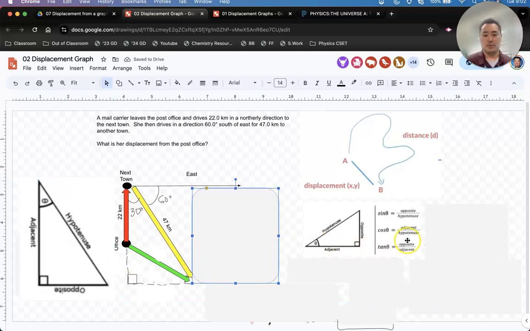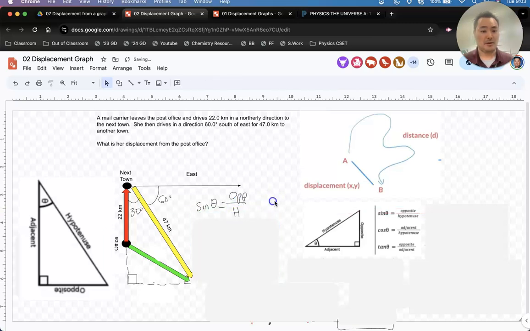So which of these three uses opposite and hypotenuse? Someone shout it out. Sin. It's actually pronounced sine. But you're right. It is spelled sin. So let's go ahead and use sine theta equals opposite over hypotenuse. That's the formula we're going to use to find this length.